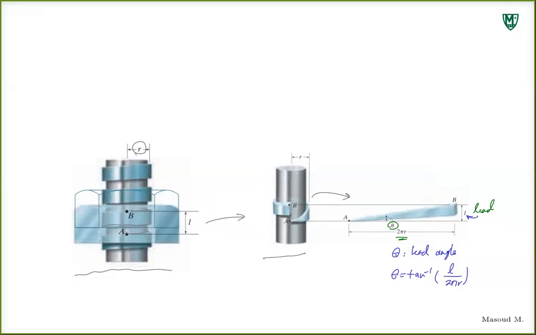Now here we're going to have 4 possible cases or outcomes, which depend on, again, friction, the moment we apply to this screw, and typically the radius of this screw.